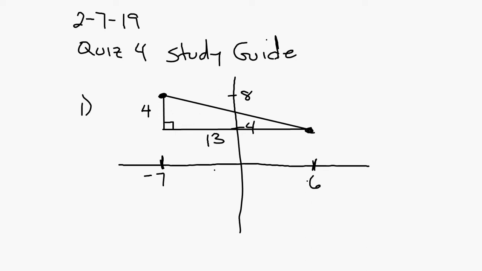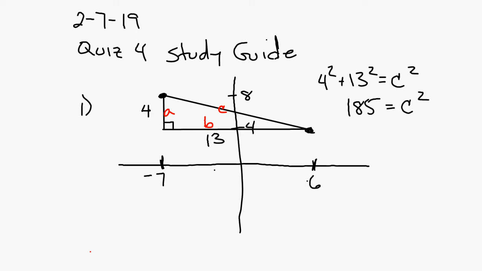You can label the sides A, B, and C. And you need the length of the hypotenuse. So 4 squared plus 13 squared equals C squared. And 4 squared plus 13 squared is 185.